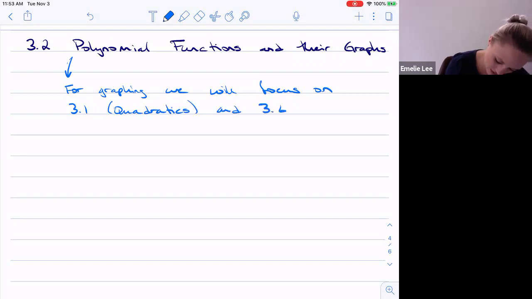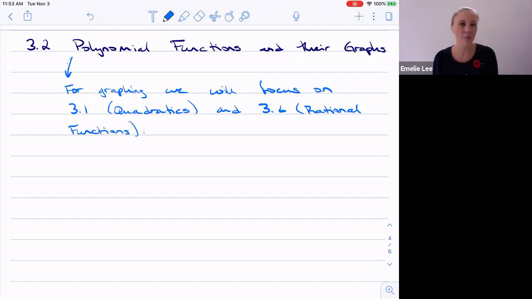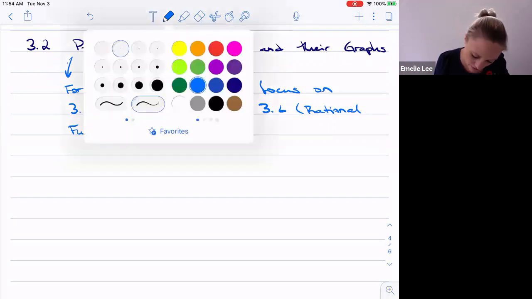And 3.6, which is on rational functions. Okay, for polynomials, like I said, we're just developing terminology mostly, general shapes, and then we'll move on to rational functions next day.